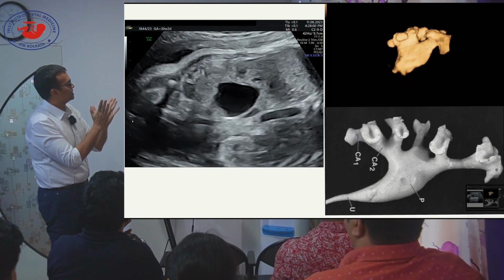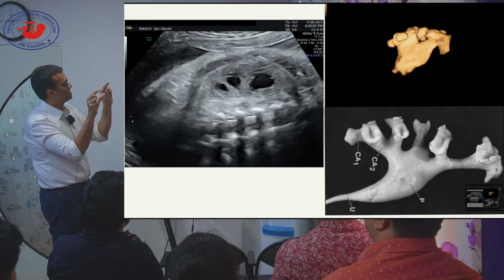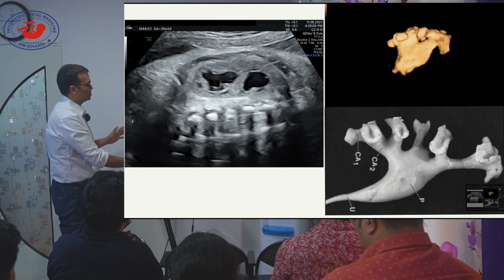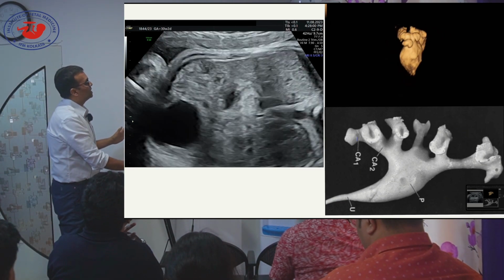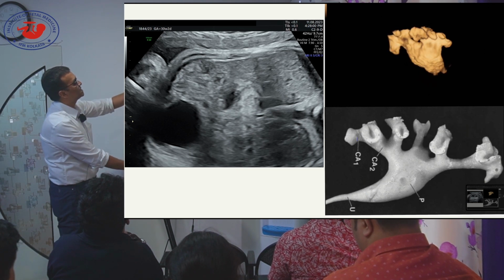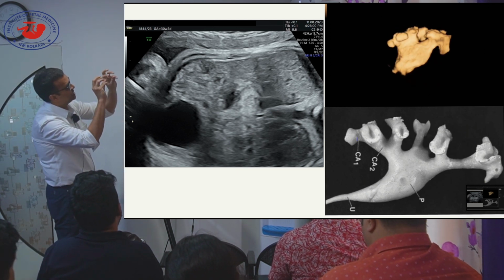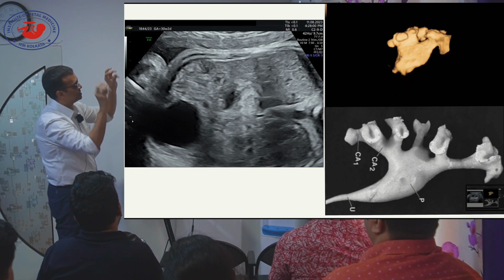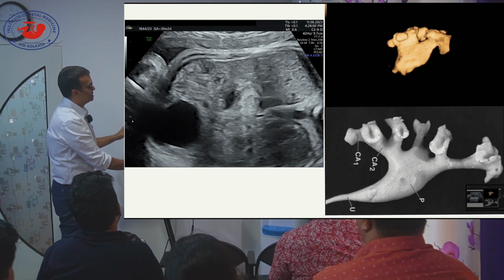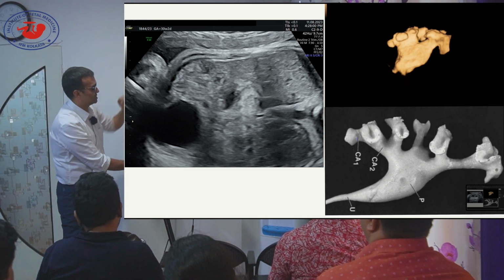So just follow this: renal pelvis, then it goes into the central calyceal system, and then into the peripheral calyceal system. Now this is a cast of the same: renal pelvis, then central, and then the final ballooning, the peripheral calyceal system, and this is again a picture showing the same thing.